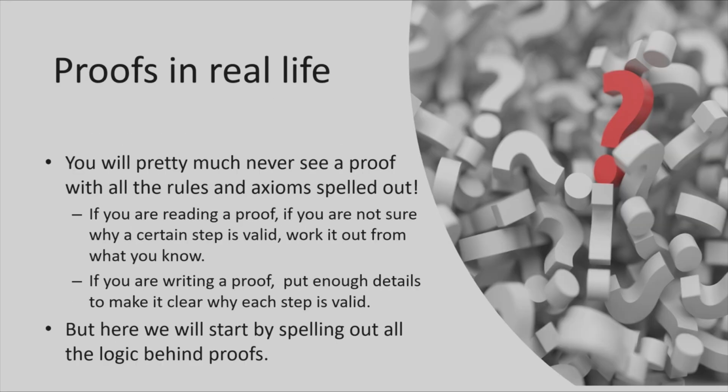So one caveat about proofs, something that I don't know if somebody has told you before or not: when you are reading a proof, unless you are reading some very, very logic or set theory book, chances are not every single step and little detail will be spelled out.